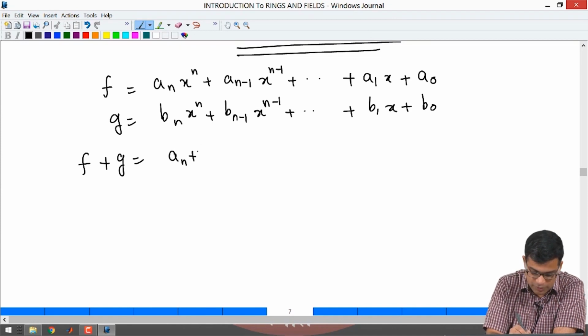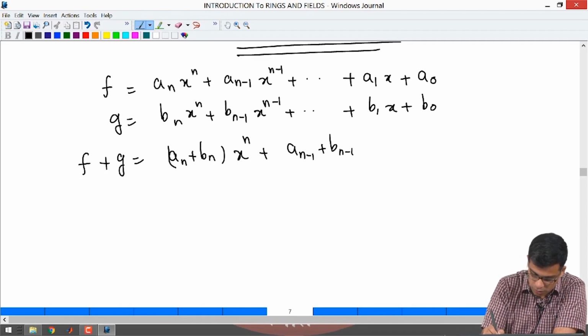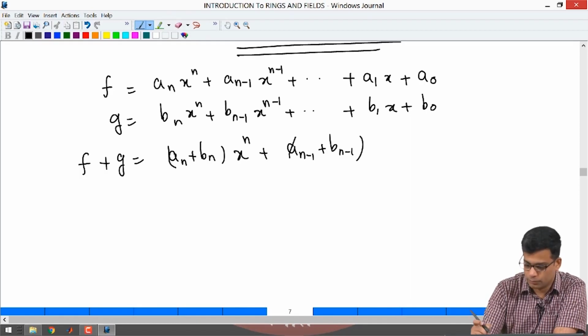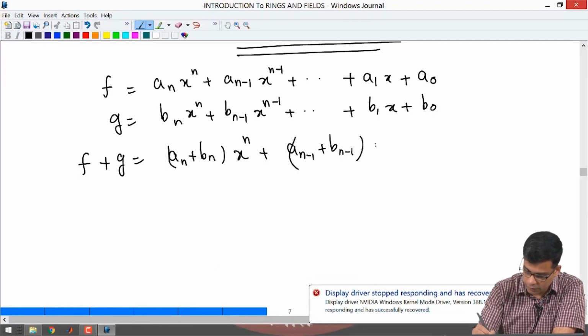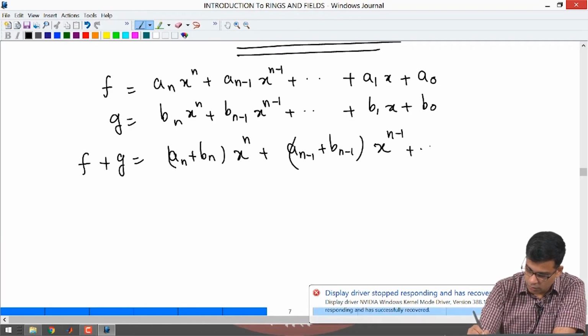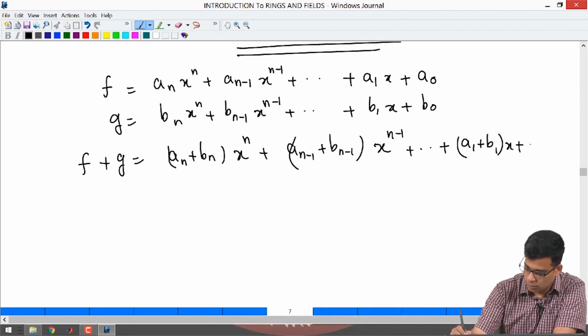This will be (a_n plus b_n) x^n, plus (a_(n-1) plus b_(n-1)) x^(n-1), and so on, plus (a_1 plus b_1) x, plus a_0 plus b_0.